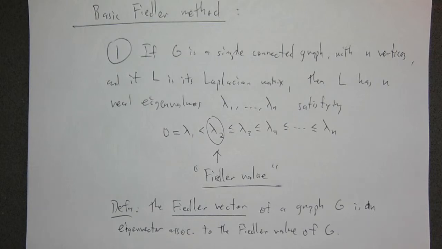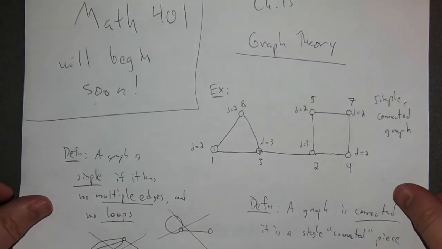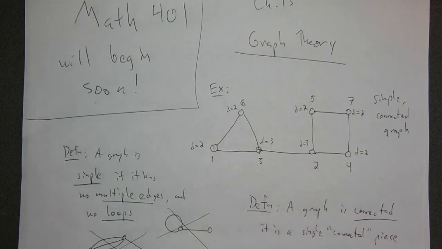So again, returning to our example, we had previously computed the Laplacian matrix. I didn't actually write it down because it was too big, but you can see this on page 10 of chapter 13 of the notes. Once you have that Laplacian, you can find its eigenvalues in short order.